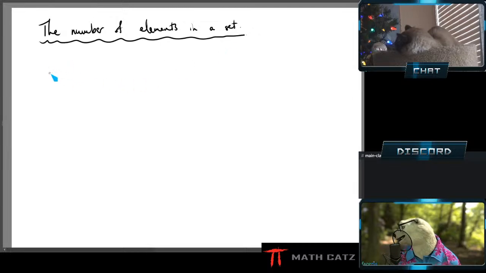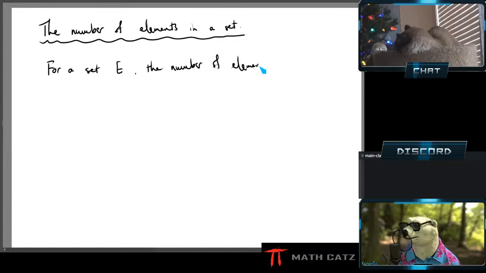Okay, so first let's get the language right here. For a set, let's call it E, the number of elements in E is named as follows.